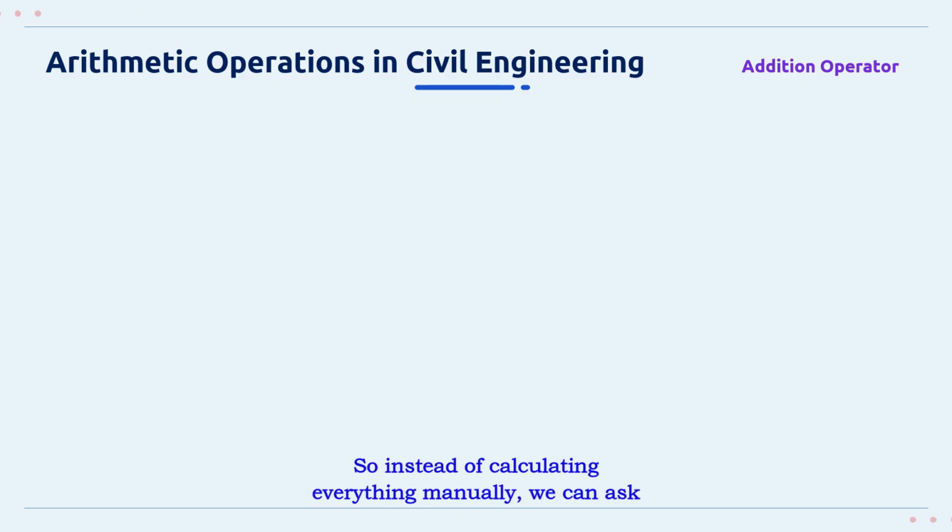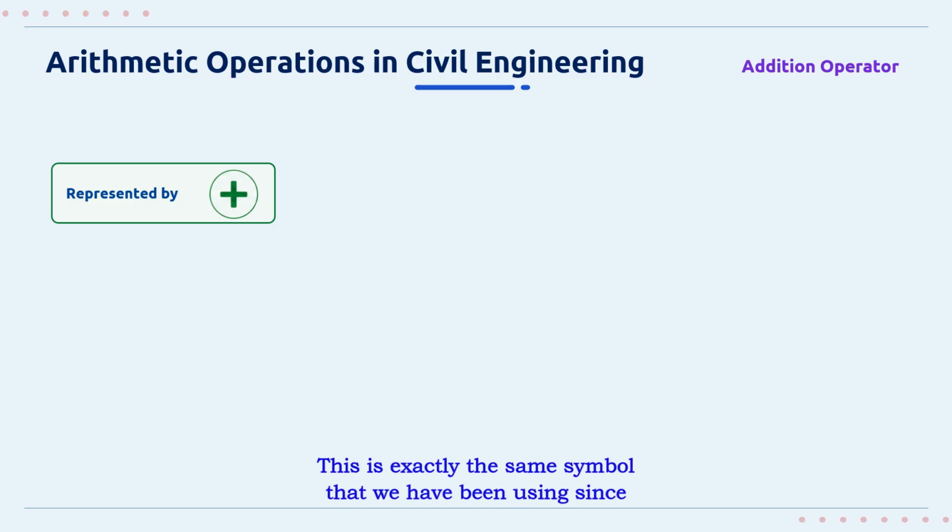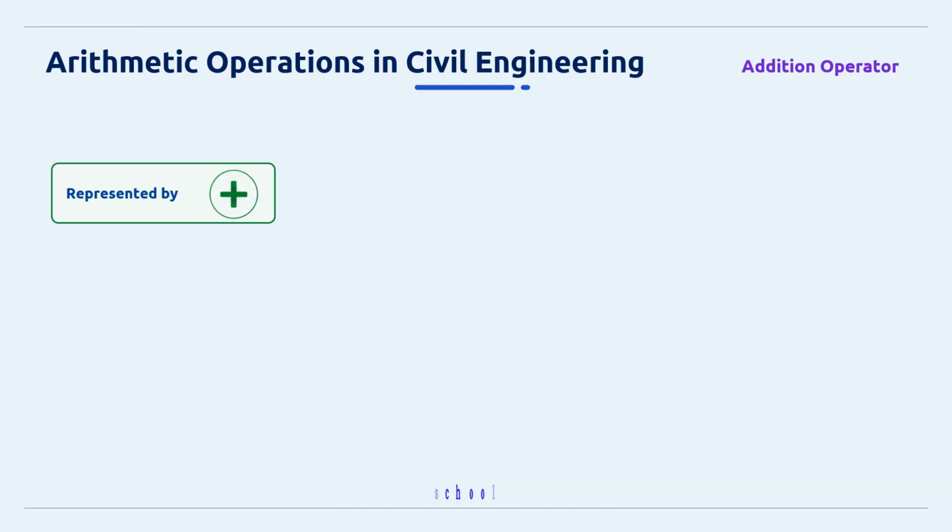So instead of calculating everything manually, we can ask Python to perform the addition. Now this addition operator is represented by the plus symbol. This is exactly the same symbol that we have been using since our school days. So there is nothing new about this symbol.